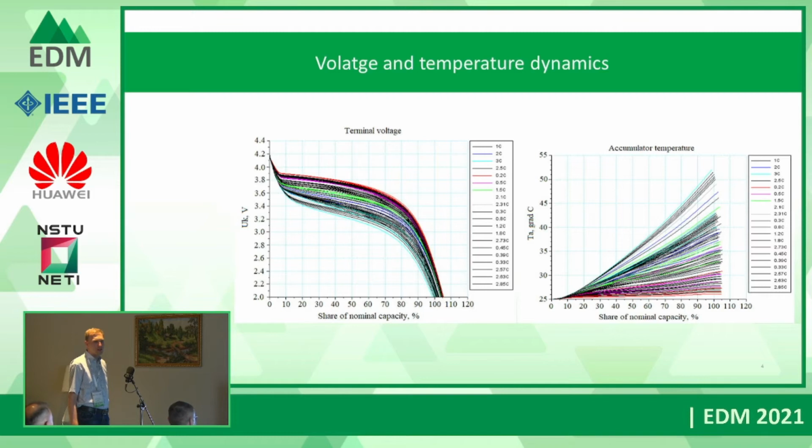On the left pictures, more than 100%. The discharge capacity is taken in units relative to the nominal capacity. The lithium-ion battery may be discharged beyond the nominal capacity, for example, near overcharging.